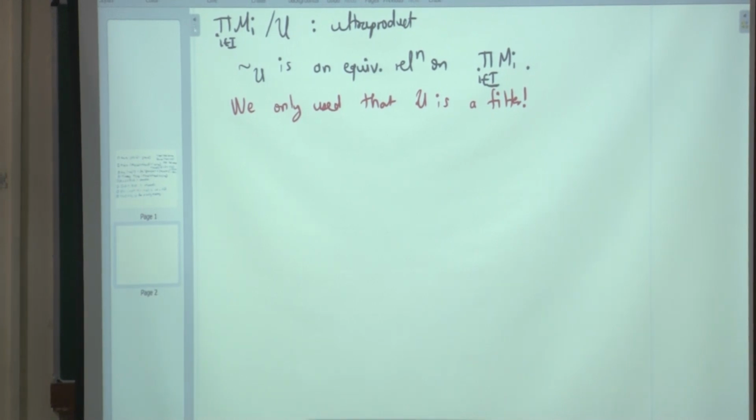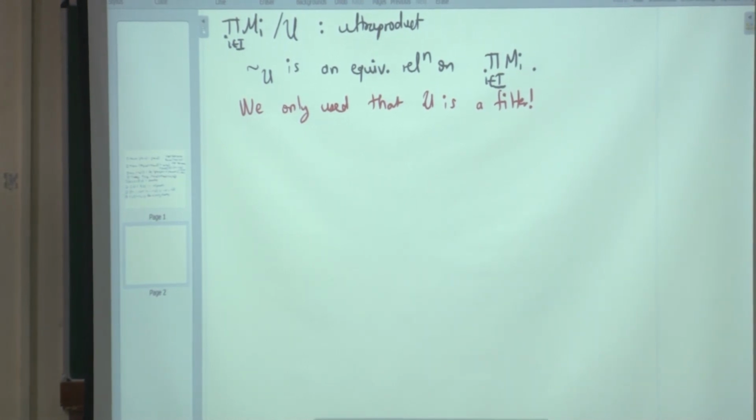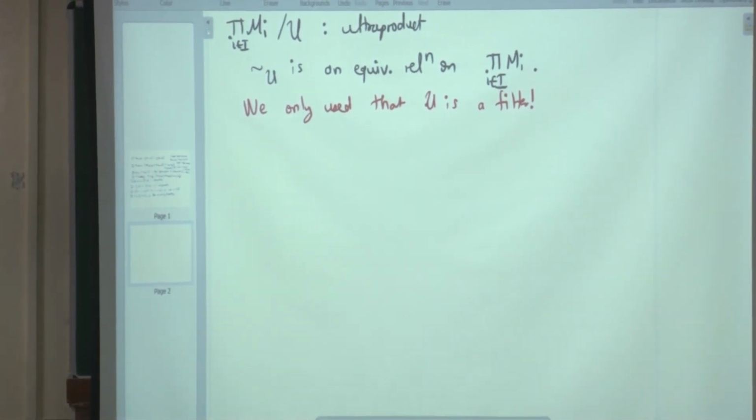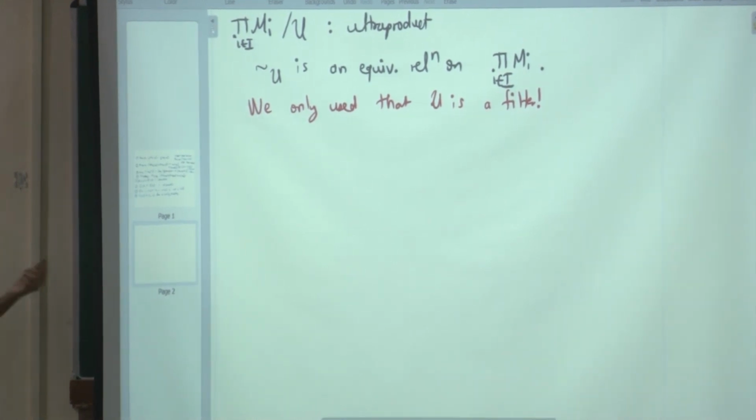So my point is that even if you relax this condition a bit, even if you don't say it's an ultrafilter, you just say it's a filter, then also everything will go through.